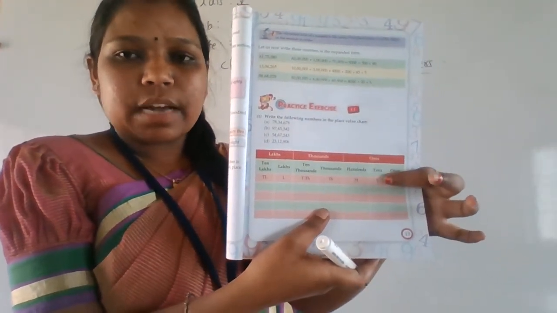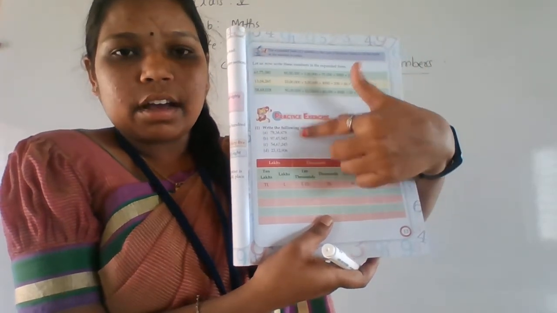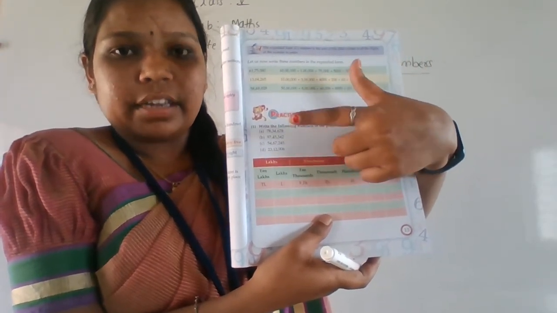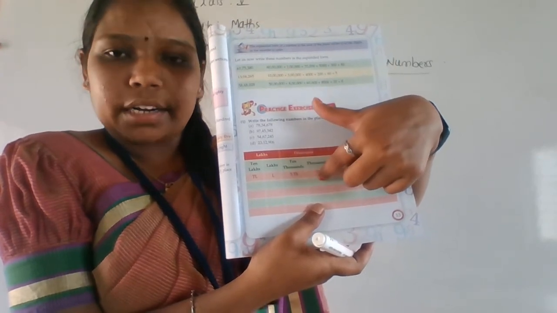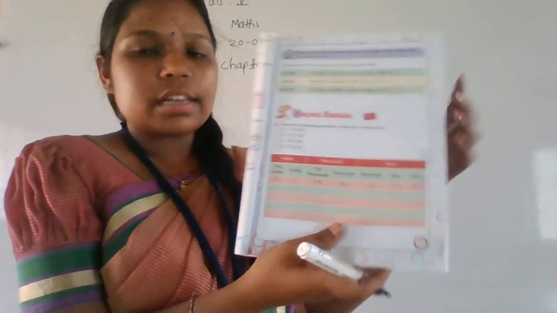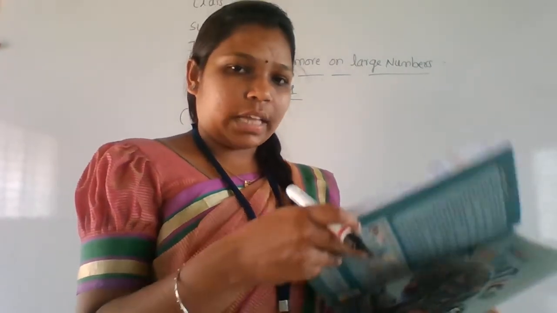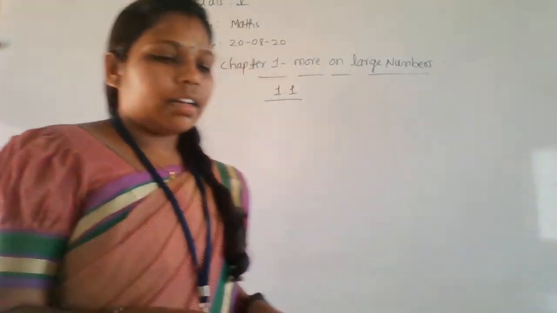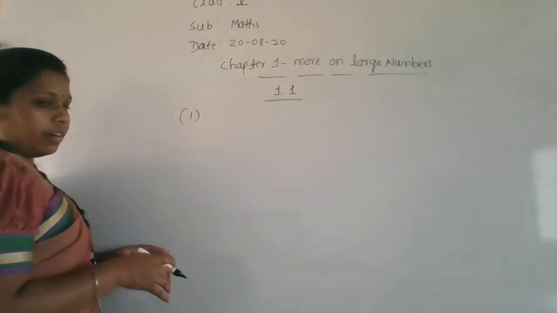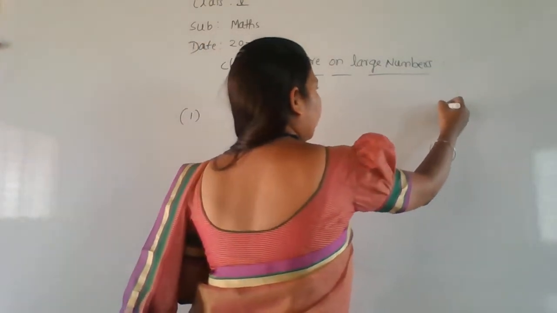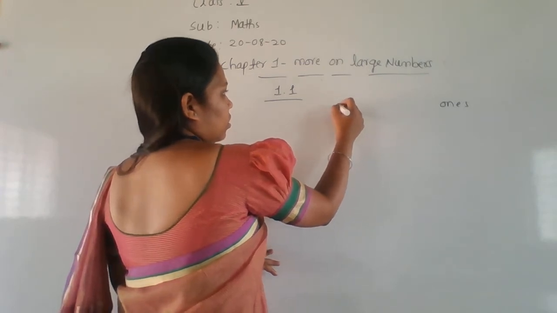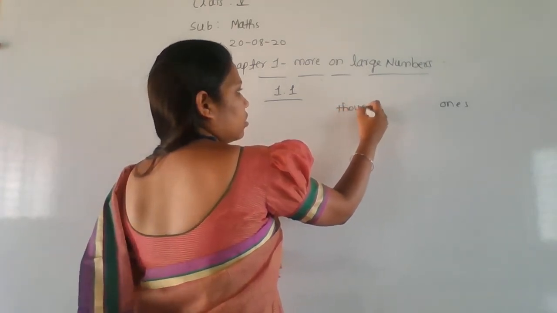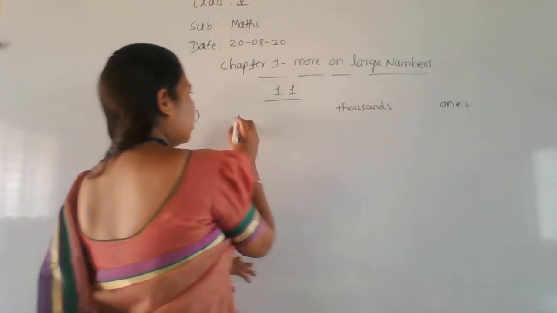These four numbers you have to write in this place value chart. I'll show how to write this. It's very easy. Once more I'll tell: here is ones, here is thousands, and next here is lakhs.